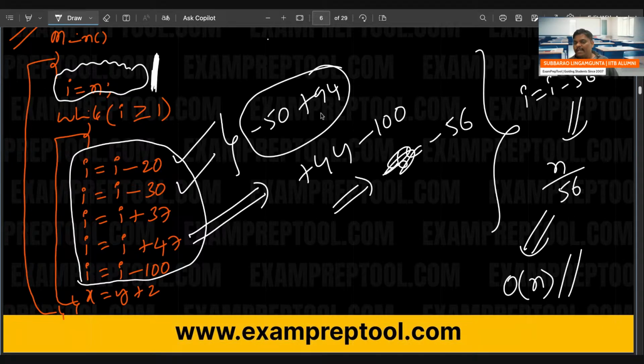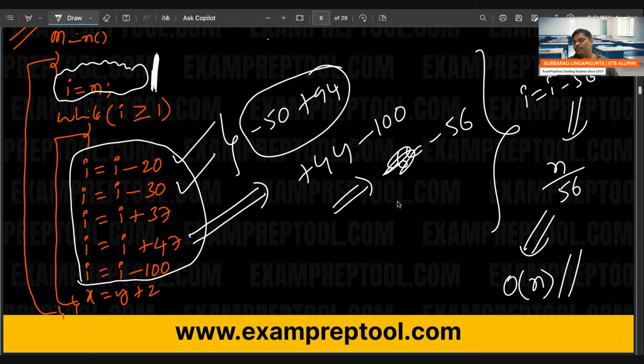Afterwards we wrote 94 plus 94, which goes to, I think, 44. To that 44 you are subtracting 100, which is going to be minus 56. Yeah, exactly, minus 56. So it will become i is equal to i minus 56.